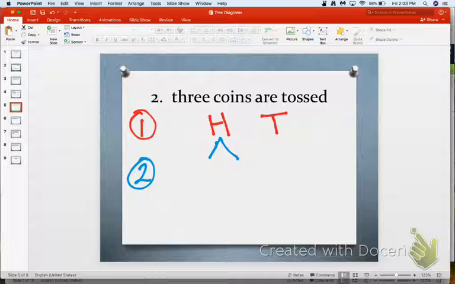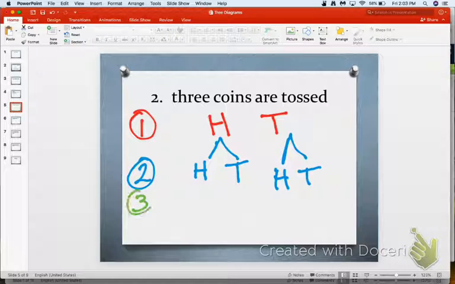But coin 2 doesn't change what happens with coin 3 or with coin 1. So if I got a head on the first coin, I could still get a head on the second coin or a tails. And the same thing is true here, I could get a heads or a tails. Now, when I do this for coin 3, it's true each time, each one could then also get flipped a heads or a tails.